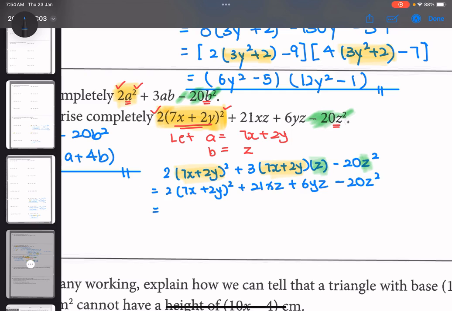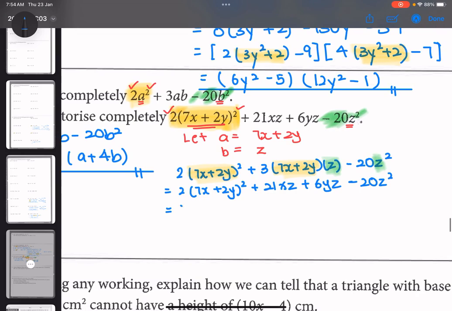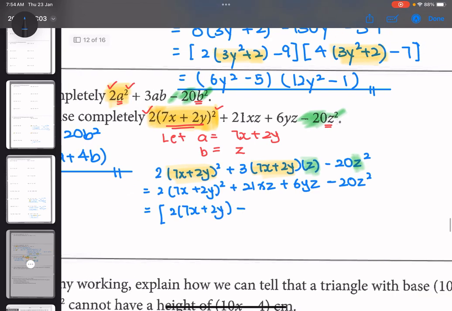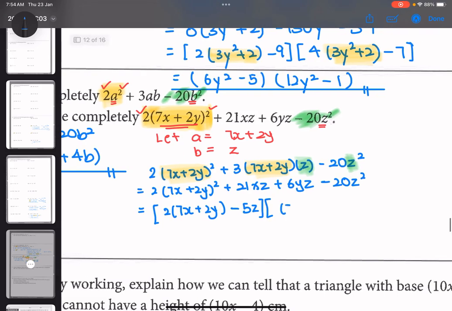So now I can start to replace. It is 2a minus 5b. I use brackets first. 2a minus 5b. I'm replacing. Second bracket, a plus 4b.